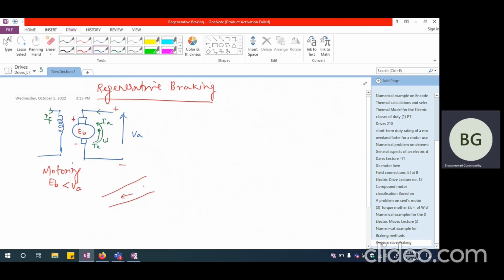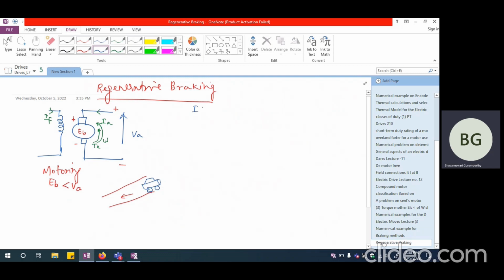So let us say this is the car that I have drawn. Let me draw it properly. Let's say I have a car here which is moving down this gradient. I'm going to have a couple of wheels and it is essentially moving down. Naturally, the gravity is going to pull it down, due to which the speed is going to increase.